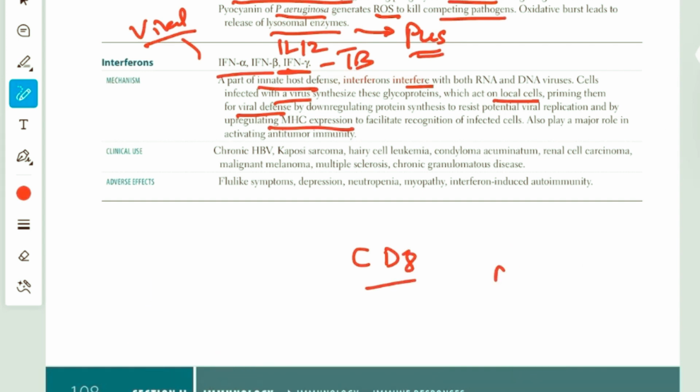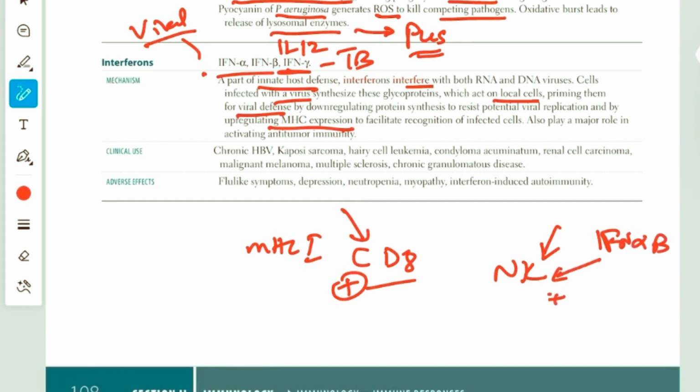So interferon alpha and beta will stimulate the natural killer cells. So all of that, what's the endpoint? To kill the virus-infected cell. Then the other thing it will do, like we said, is stimulate the neighboring cells to down-regulate protein synthesis of the virus.